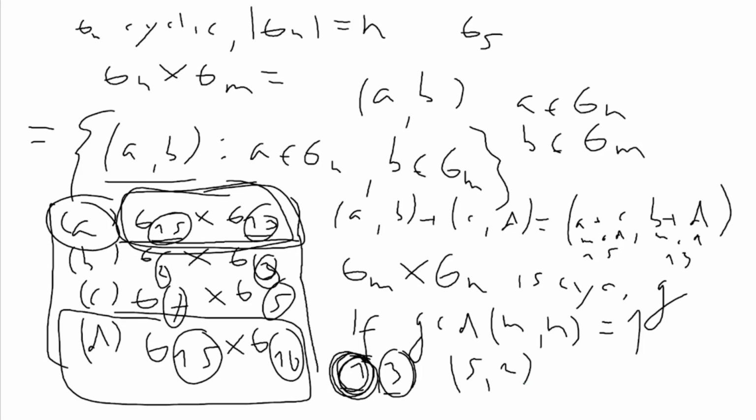It doesn't surpass the order of the two groups yet. Three times, I have 15 and 6, but 15 modulo 15 is 0, so I have 0,6. Four times I get 5,8.